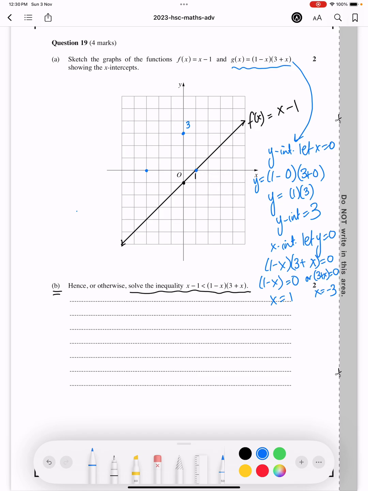Now, as we can see, when you expand this out, what you get is a parabola. You've got an x squared as a leading term. In this case, it's going to be minus x squared. So it's going to be an upside down parabola, so a sad face parabola or a concave down parabola. And if we were to just join up those dots, you're going to have a very skewed looking parabola.